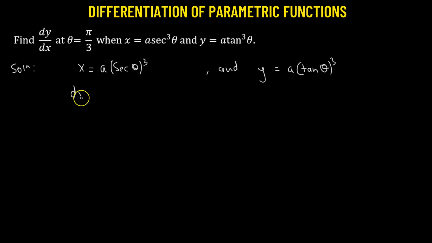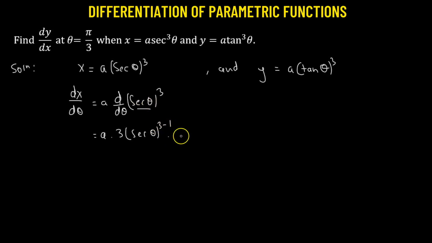Now what we will do is take the derivative of the function x with respect to theta, which is simply taking the derivative of secant of theta raised to the power of 3. Here we can use the power rule to get 3 times secant of theta raised to the power of 3 minus 1, and since we have secant of theta instead of theta, we'll have to use the chain rule, so we'll multiply it by the derivative with respect to theta of secant theta.